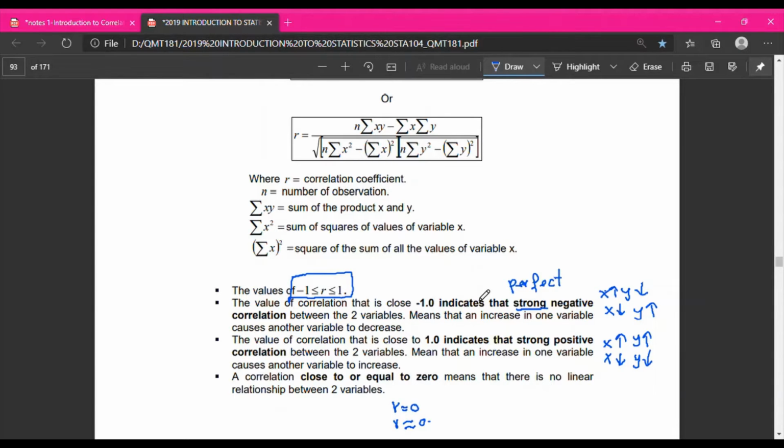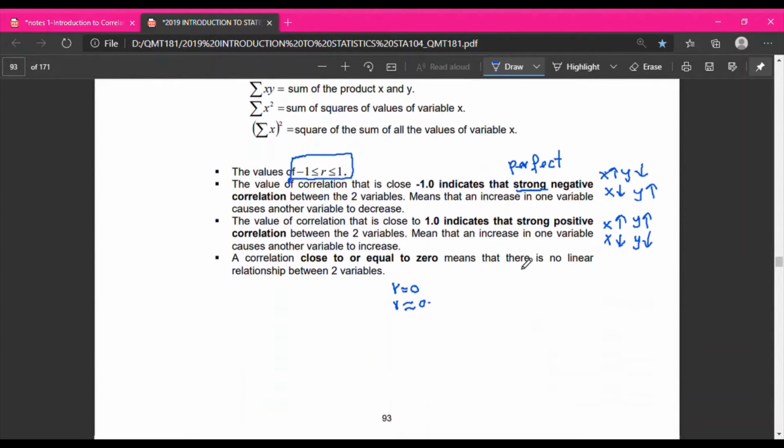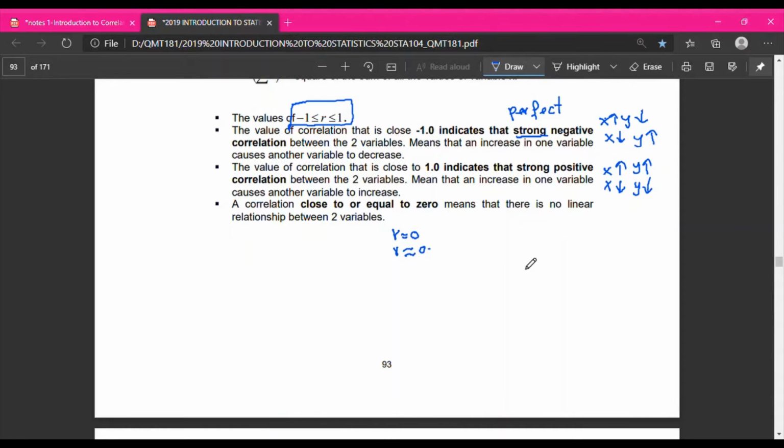Kalau you tengok in your manual page 92, dia ada penerangan lagi detail about the strength of the relationship, which is when we get the value of r between negative ataupun positive 0.9 until 1, it is a very strong linear relationship.